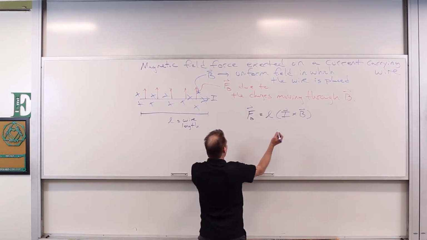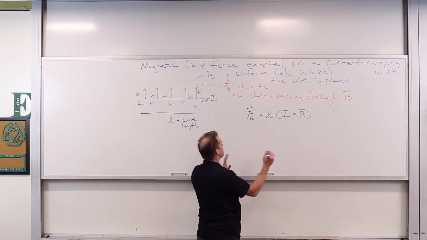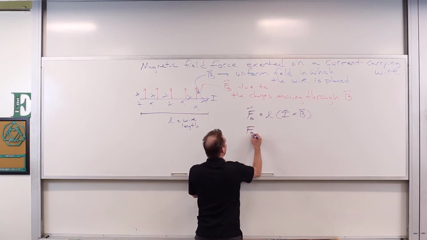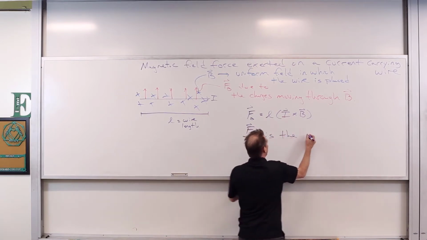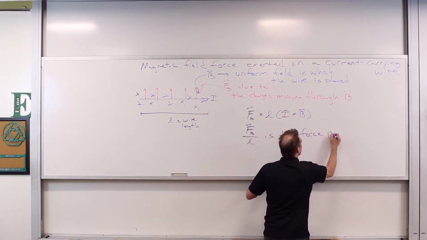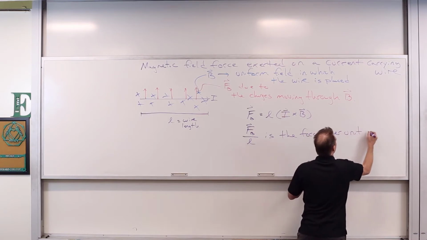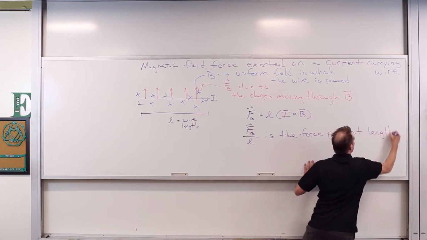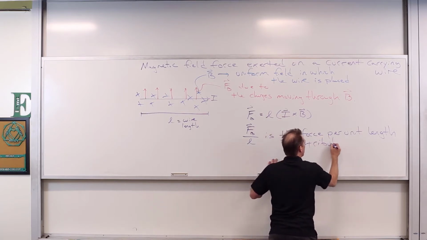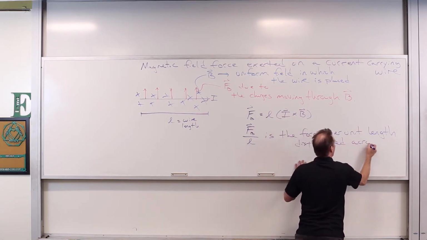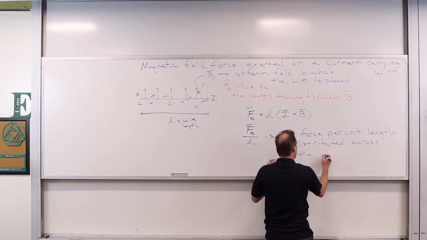So, what one could do with this is define the force per unit length. F sub B hat divided by L is the force per unit length distributed across the wire.